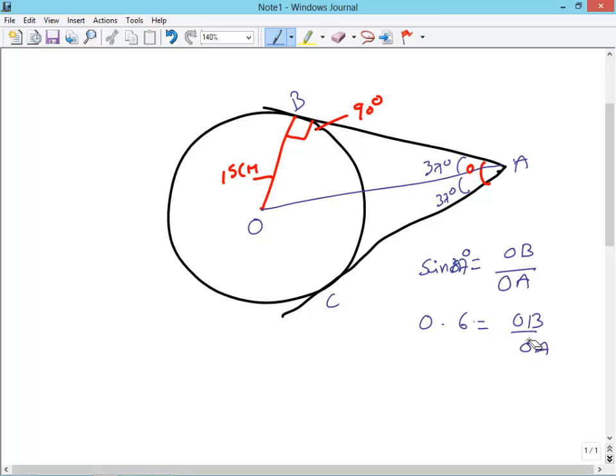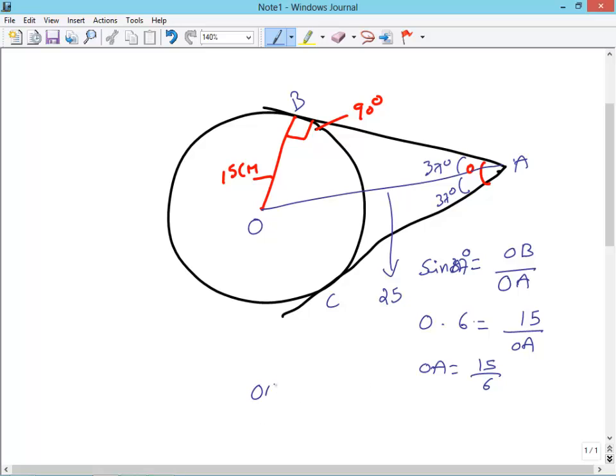So, OB is clearly given as 15. Now you can find OA equal to 15 by 0.6. So, OA is how much? It is coming as 25. Now you can find AB, because OAB is a right angle triangle.